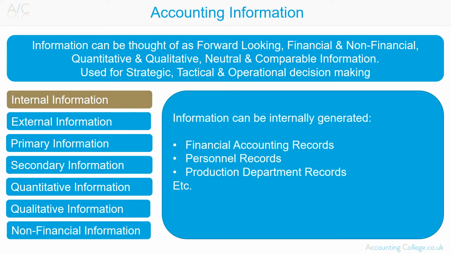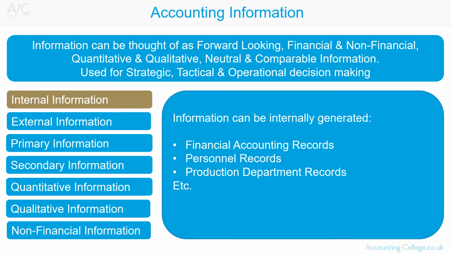Accounting information helps users make better financial or managerial decisions. Internal information can be internally generated. For example, financial accounting records and personnel records, such as the number of employees, the hours worked by employees, and so forth.